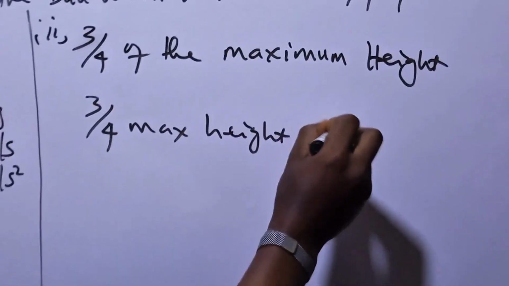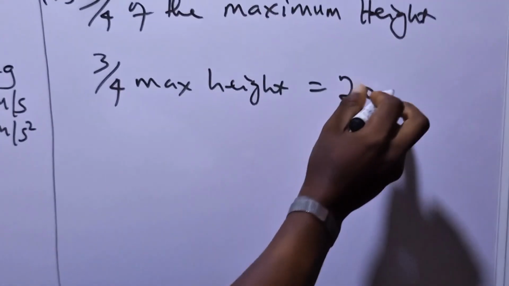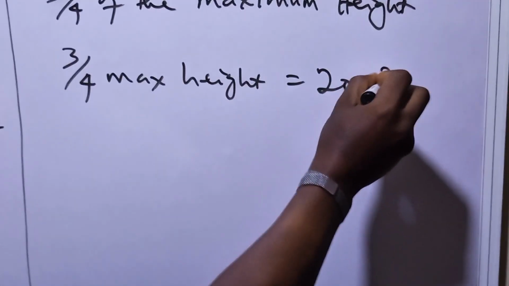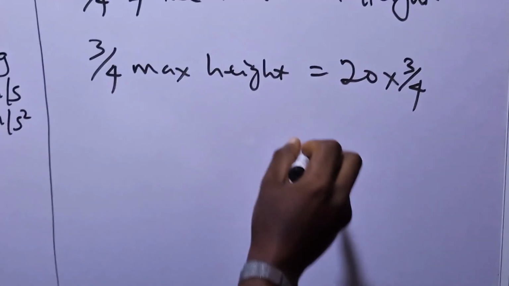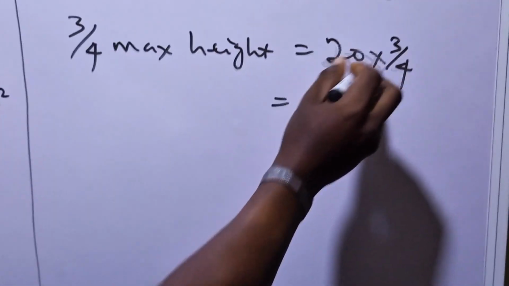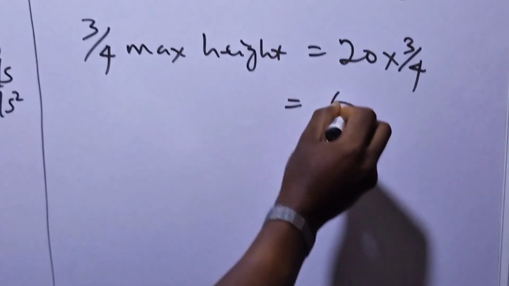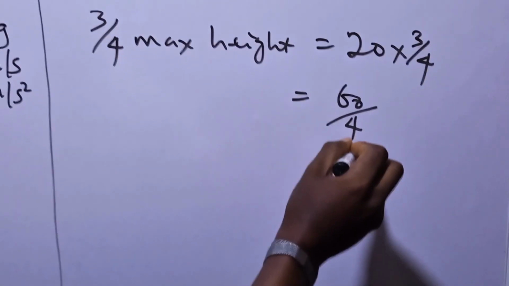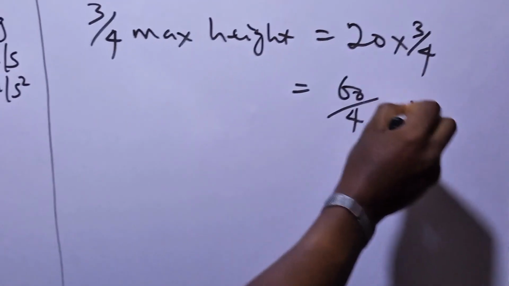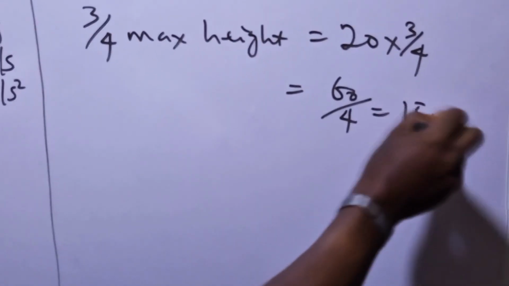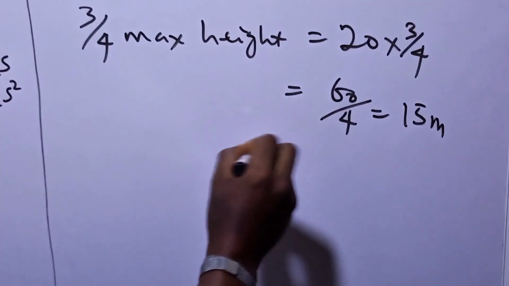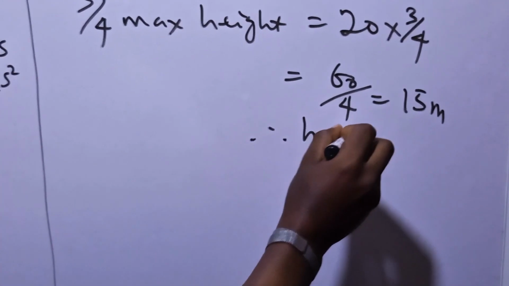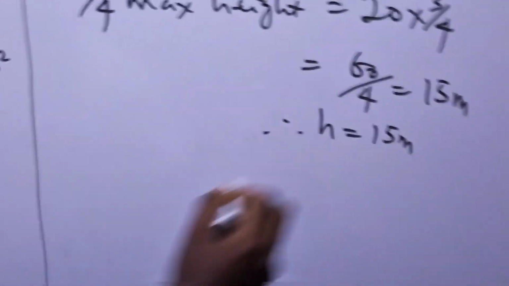This should be equal to 20 multiplied by 3/4. It should be 20 by 3, which will be 60/4, which is equal to 15 meters. Therefore, the height here is equal to 15 meters.